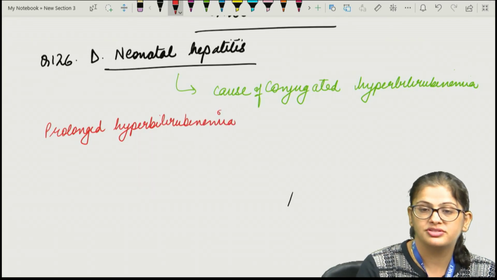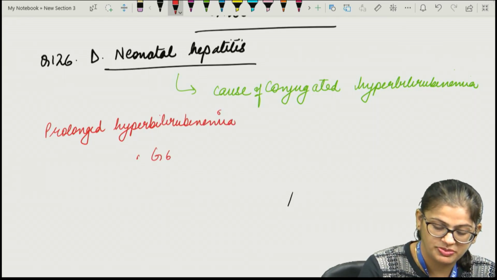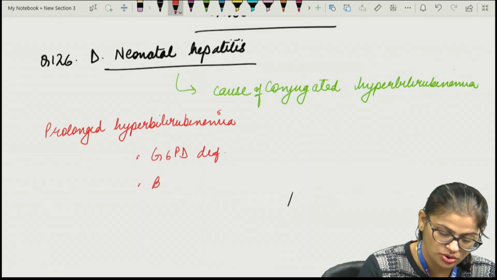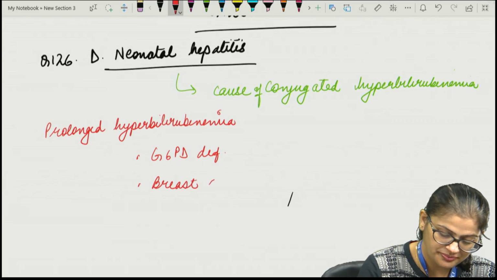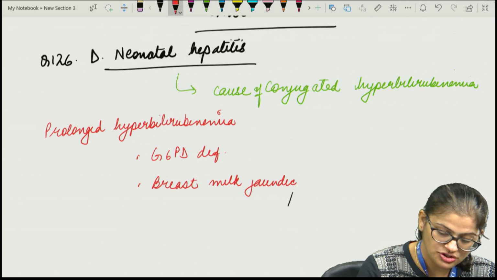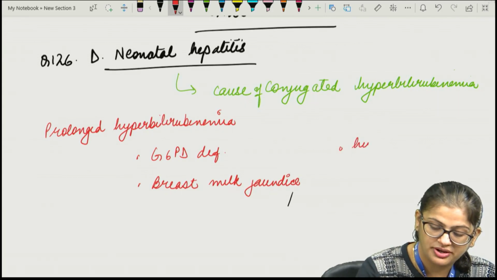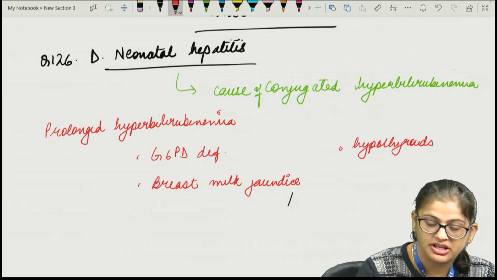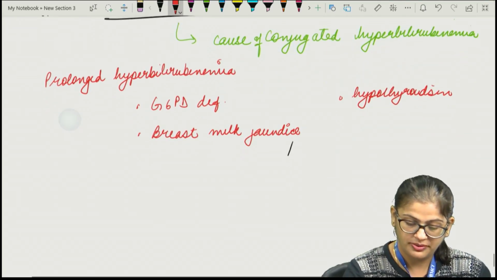if there is a hemolysis going on as in G6PD deficiency. It can also result due to breast milk jaundice. It is also seen in hypothyroidism, or if there has been any extravasated blood as in case of a cephalhematoma.